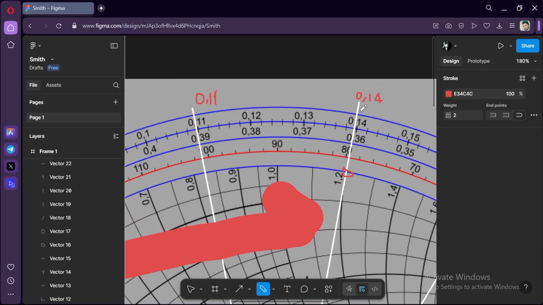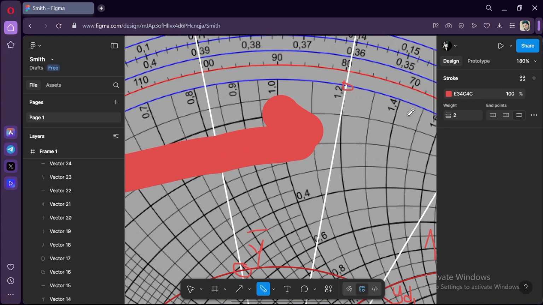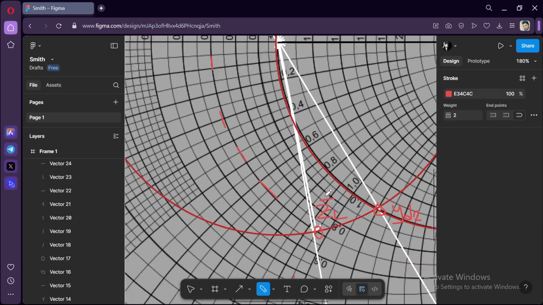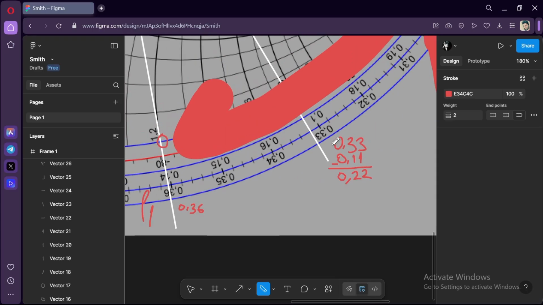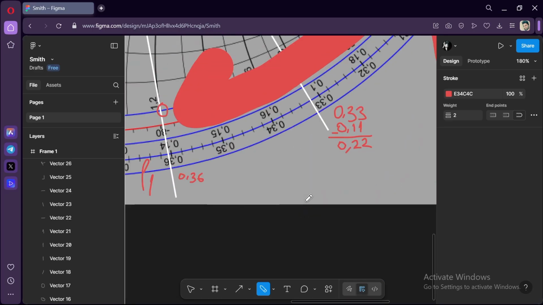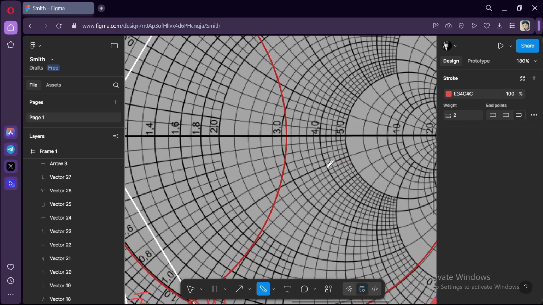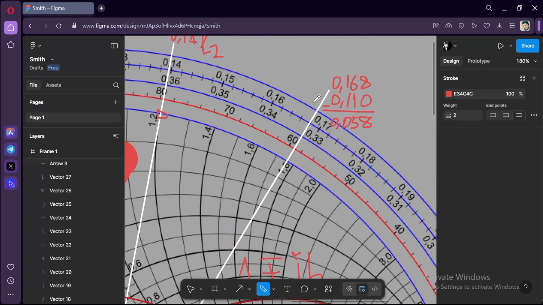I will also call this the L2 arrow, and this one is the L1 arrow. And this one is yd2, and this is d2. And this one is d1.